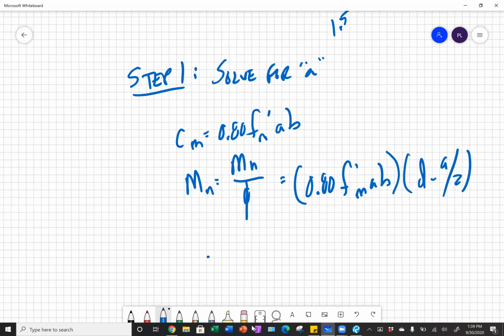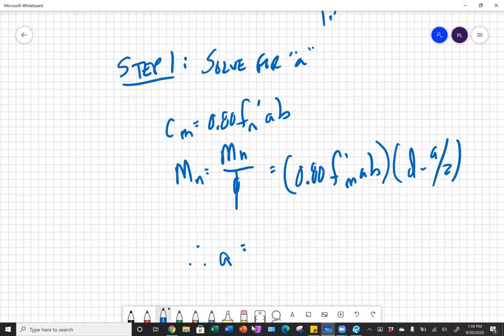And so therefore, we can solve for A, and A in this case is going to be equal to d minus the square root of d squared minus 2 times our Mu, our factored moment, divided by 0.8 times phi times f'm times b.